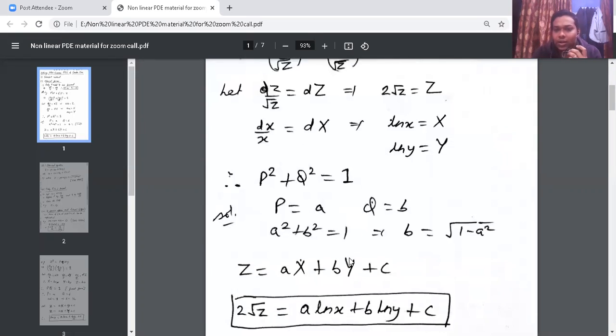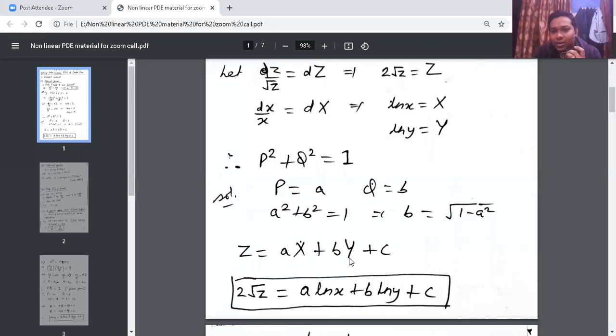Now I can simply put P equal to a, Q equal to b, and then I can solve the equation. I know that dZ equals P dX plus Q dY. Now integrate, putting P equal to a, Q equal to b. You will get Z equal to aX plus bY plus c.